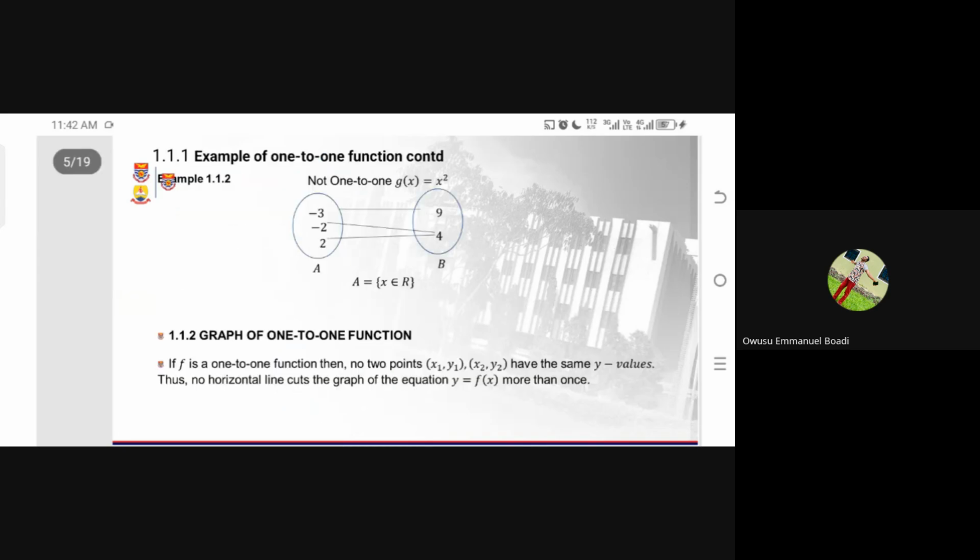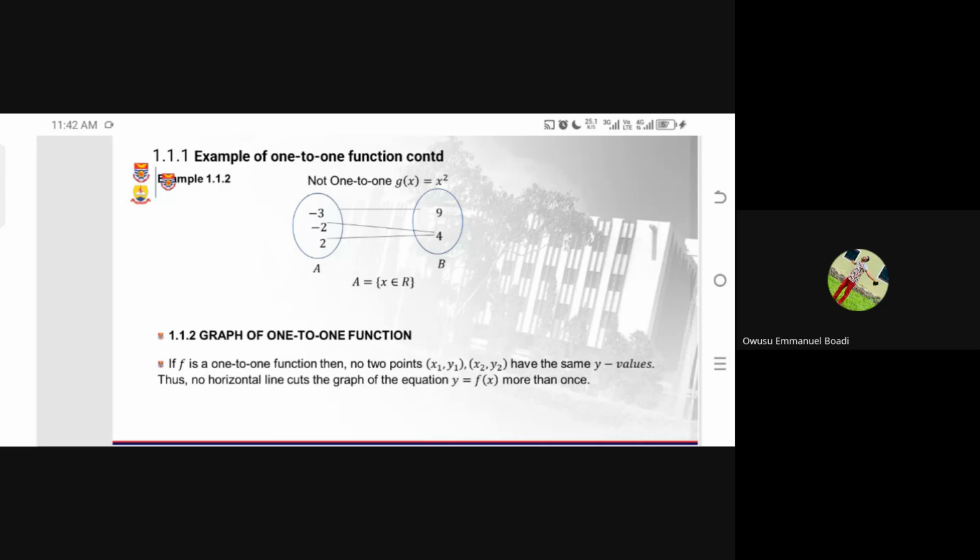So let's note that 1 to 1 functions are functions where each element in the domain maps to only one and only one element in the codomain. So that is the example that has been done. For g of x equal to x squared, as I was saying, negative 2 and 2 map to the same element in the codomain.